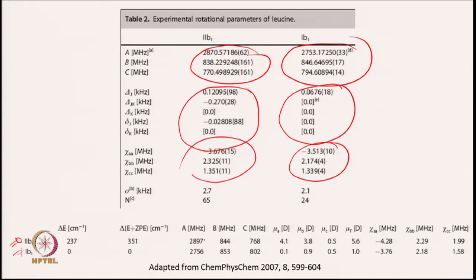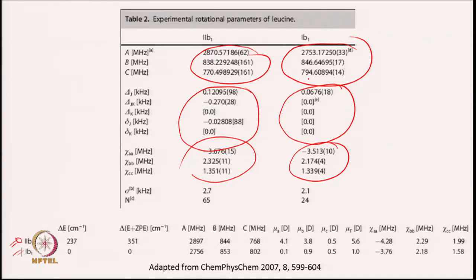You can see the A value is 2870, then 844, 838, and 768, 770, and for 1B1, A is 2756, B is 853 and C is 802.